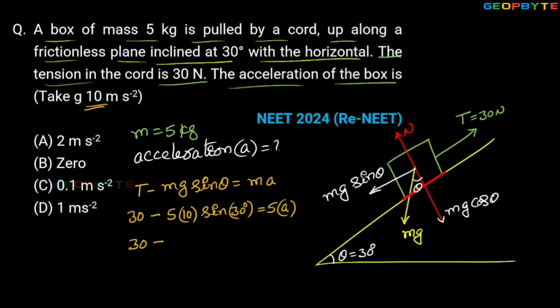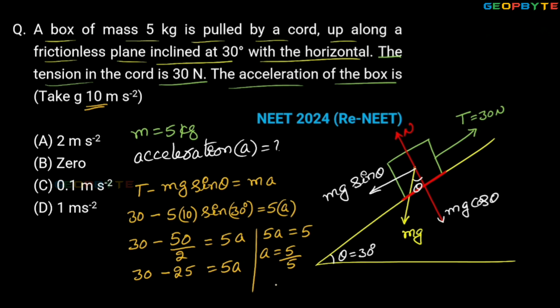Here it is 30 minus 50 into 1 by 2 is equal to 5 times the acceleration. 30 minus 25 is equal to 5a. So 5a is equal to 5. Therefore, acceleration equal to 5 by 5, that is equal to 1 meter per second square. That is the answer.